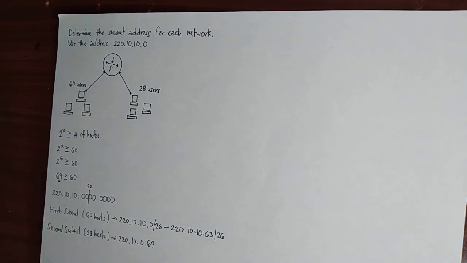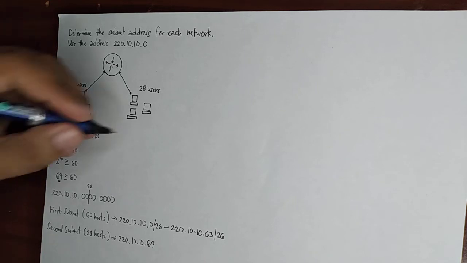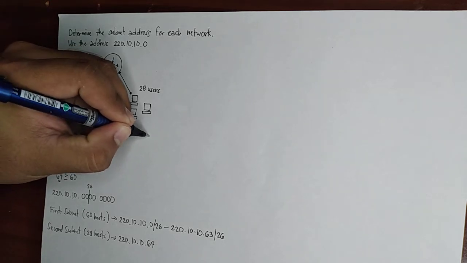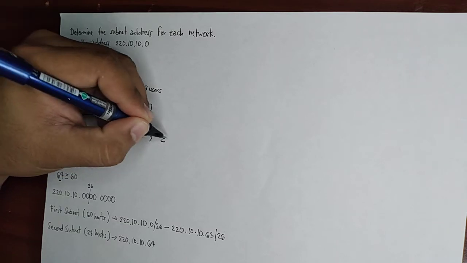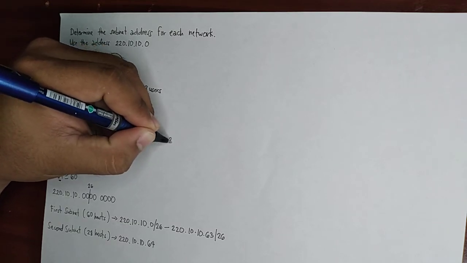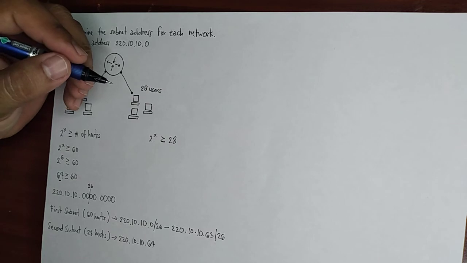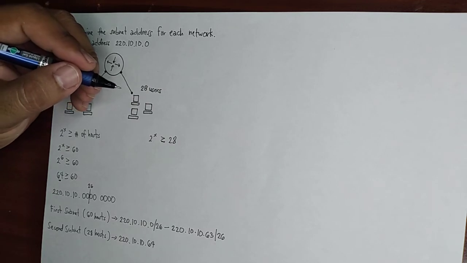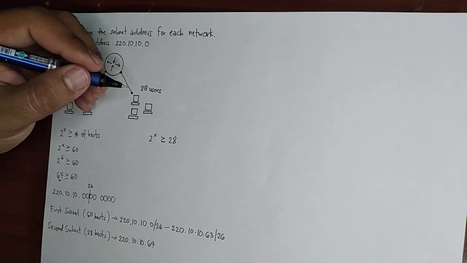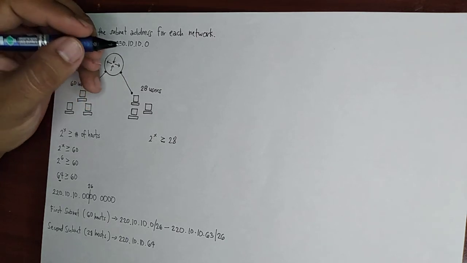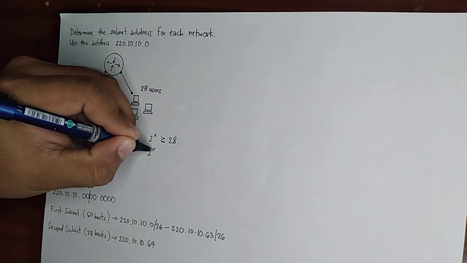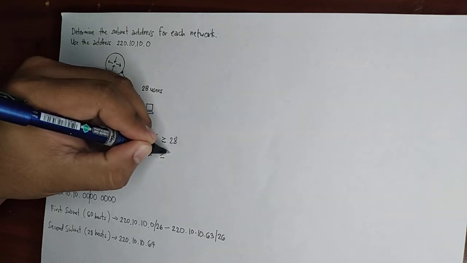Next, the second subnet will start from 220.10.10.64. Here we will get again the number of bits. Going back, you have 2 raised to x greater than or equal to our 28. What number could be the power of 2 to have a value greater than or equal to 28? We will use 5.